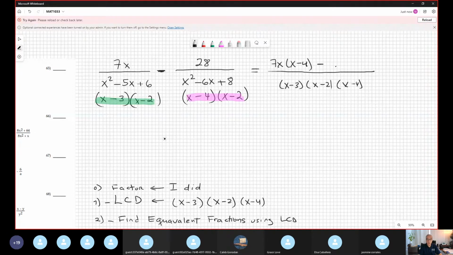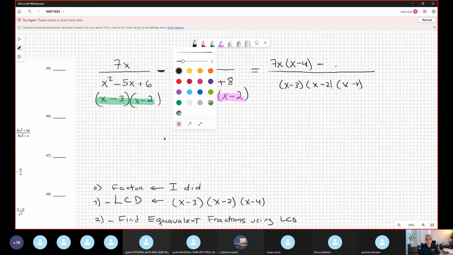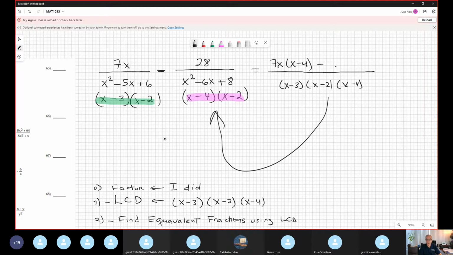Now when you divide this divided by this, I can see x minus 4 is canceled, and x minus 2 is also canceled, and what stays is x minus 3 times 28.